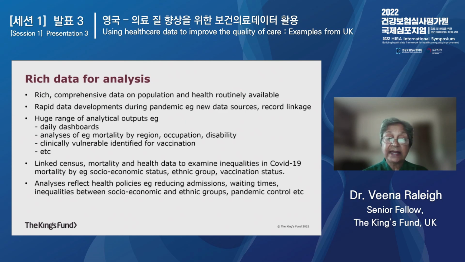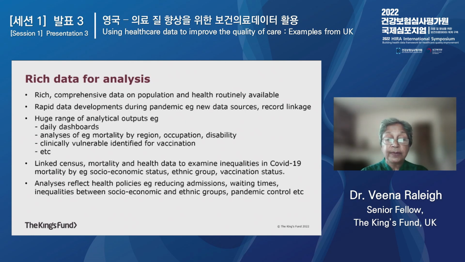And because, again, it covers the entire population, we can analyze the data in many different ways, by region, by occupation, by characteristics of the people, like whether they have a disability or not. We were able to very quickly identify who are the clinically vulnerable people so that they could be vaccinated and given priority in vaccination.